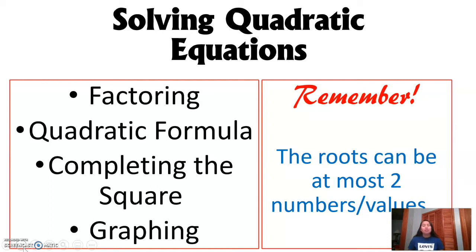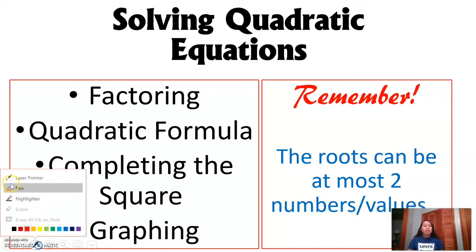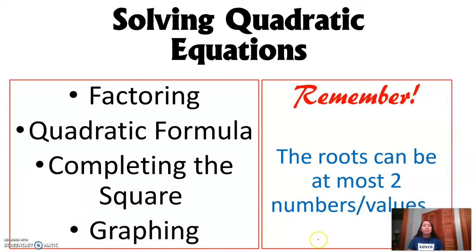But let me remind you, once again, I have told you about this in my previous videos, that the roots or the solutions we're looking for in solving quadratic equations can be at most two numbers or values. What do I mean by that? It means to say that there are problems that would give us two answers or two values.